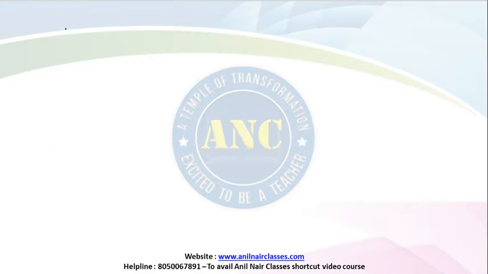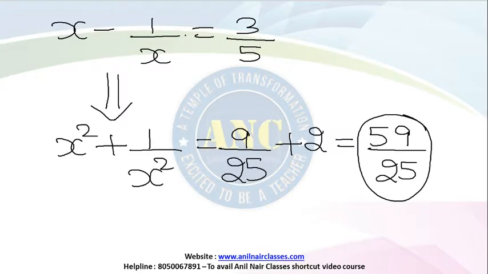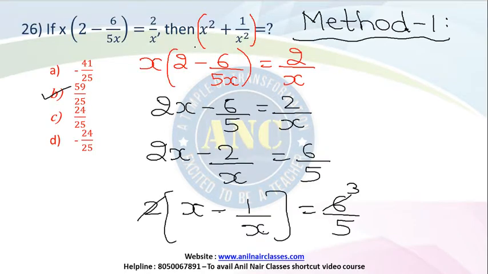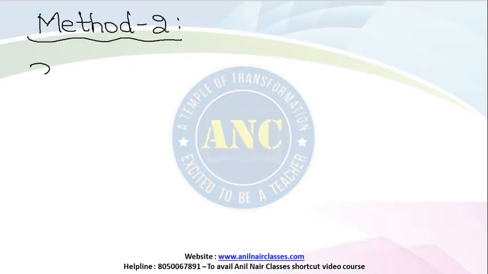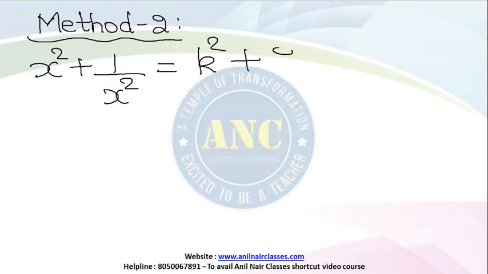Now see here, method 2. If you observe method 1, everything till this point is absolutely the same. The question says x square plus 1 by x square, and in the if condition the right hand side is minus, so we know that the final answer will be of the form k square plus 2.